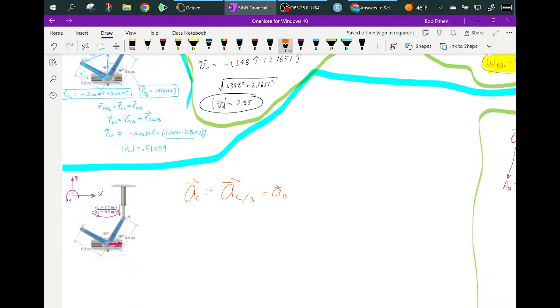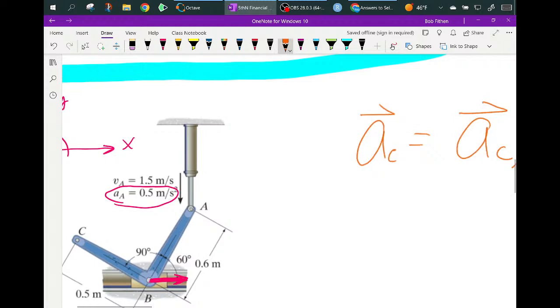And so it seems interesting that's the acceleration, even though, think about this. Thought for the day: both the acceleration and the velocity are positive down.